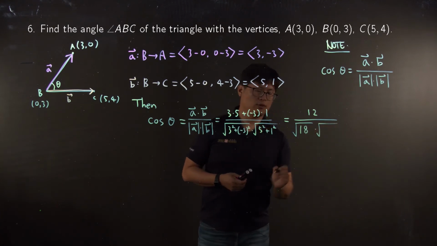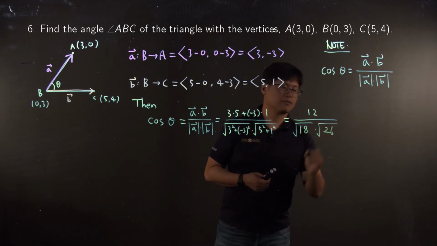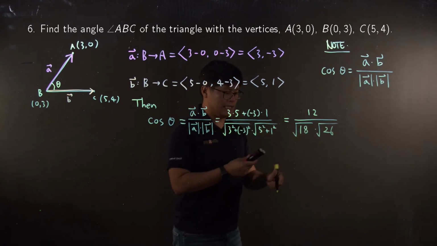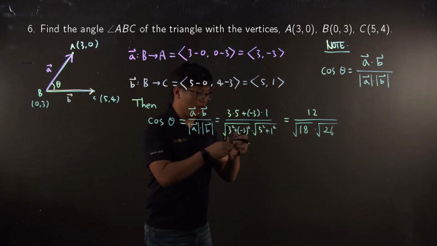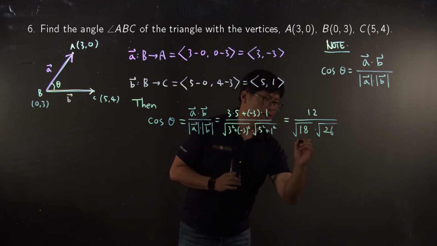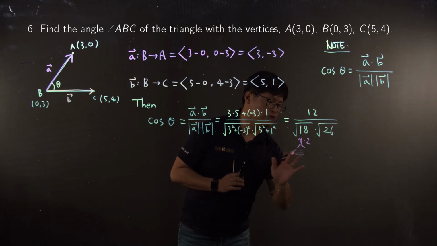And what about the second one? 25 plus 1 is 26, right? Now let's simplify a little bit. Look at your denominator. When you do prime factoring, 18 consists of 9 times 2, which is 3 times 3 times 2.